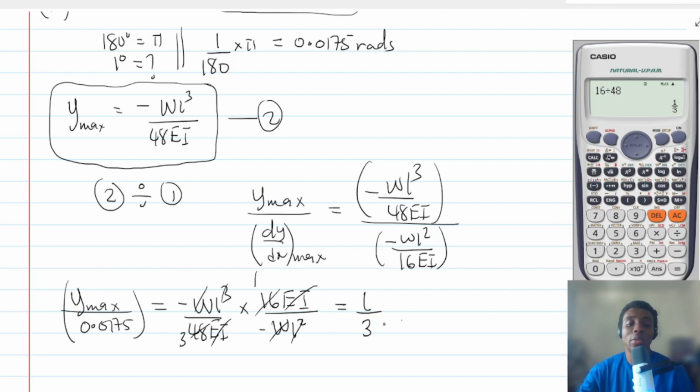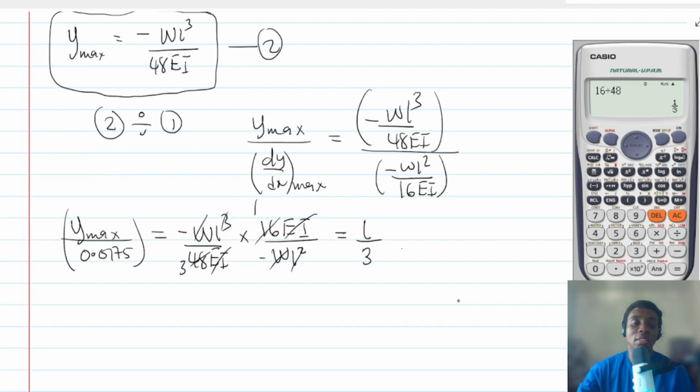Now we have this. Let's solve for the deflection. From here, we can say that the deflection is L/3 times 0.0175.